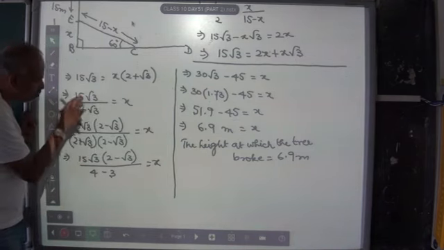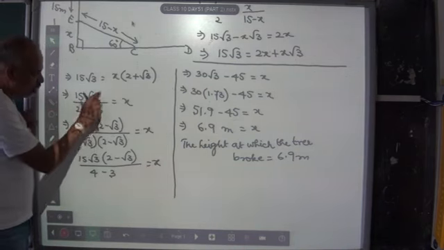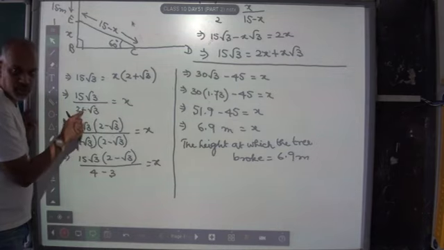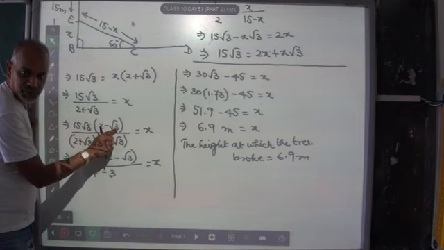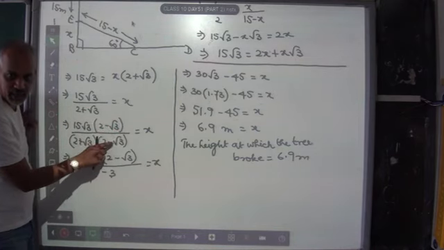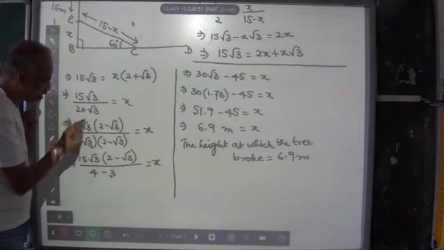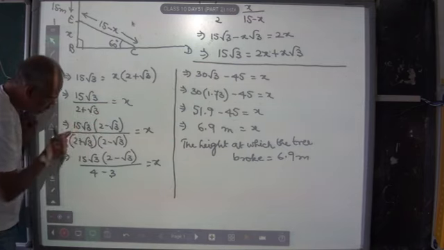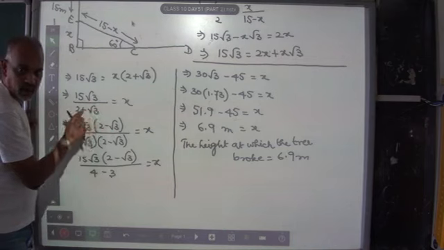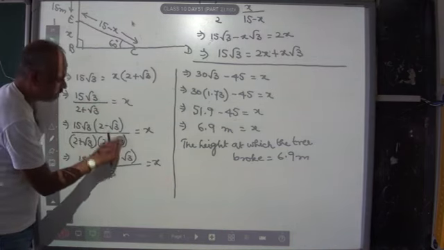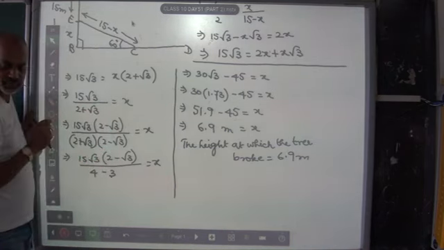Okay. So 15 root 3 is here, and it has to be multiplied with the sign opposite to this, which means you have to multiply with 2 minus root 3, both with numerator and denominator. So 15 root 3 into 2 minus root 3 divided by 2 plus root 3 is here into the sign opposite to this, 2 minus root 3, is equal to x.